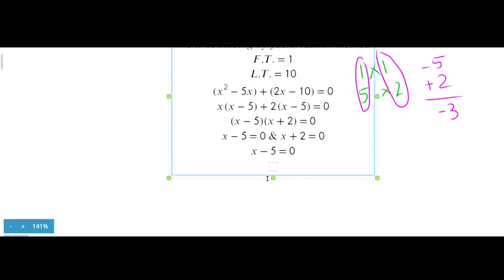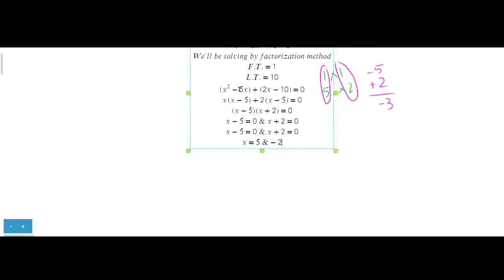So x is equal to 5. Similarly, if we solve x plus 2 is equal to 0, it gives you the value of x is equal to minus 2. So the roots of your equation are 5 and minus 2. This is how we can get the roots of the equations by using the factorization method as I discussed here.